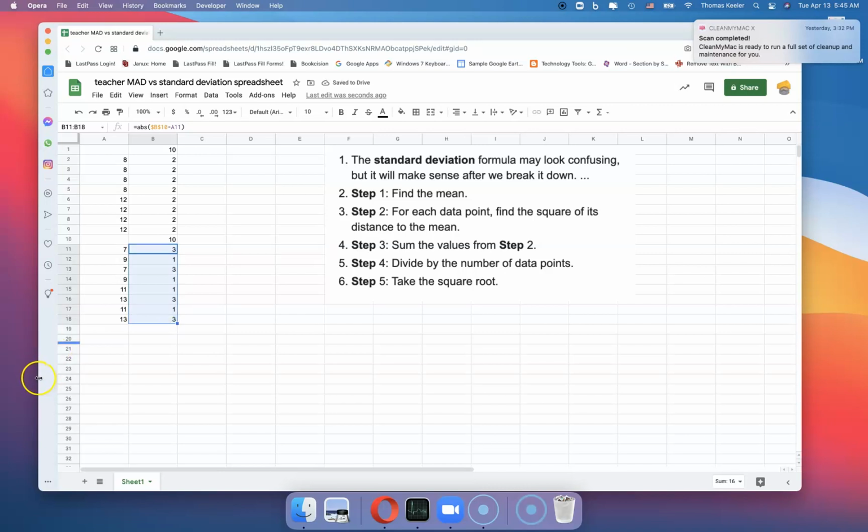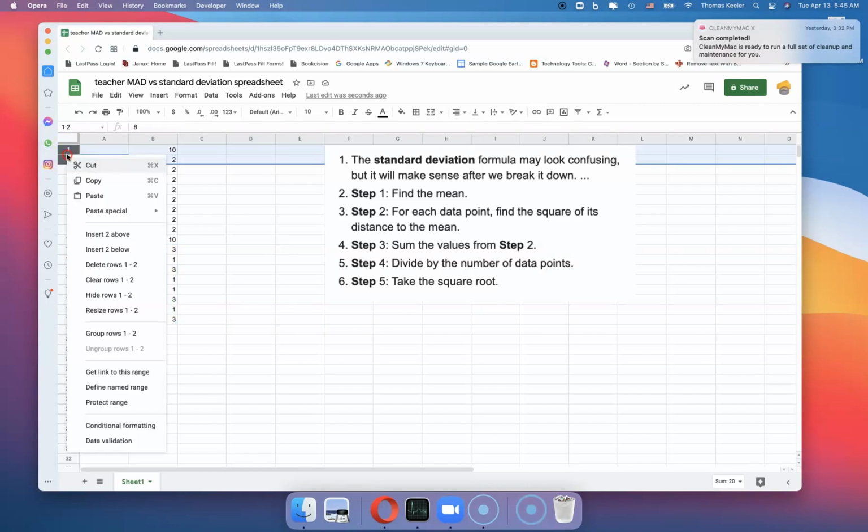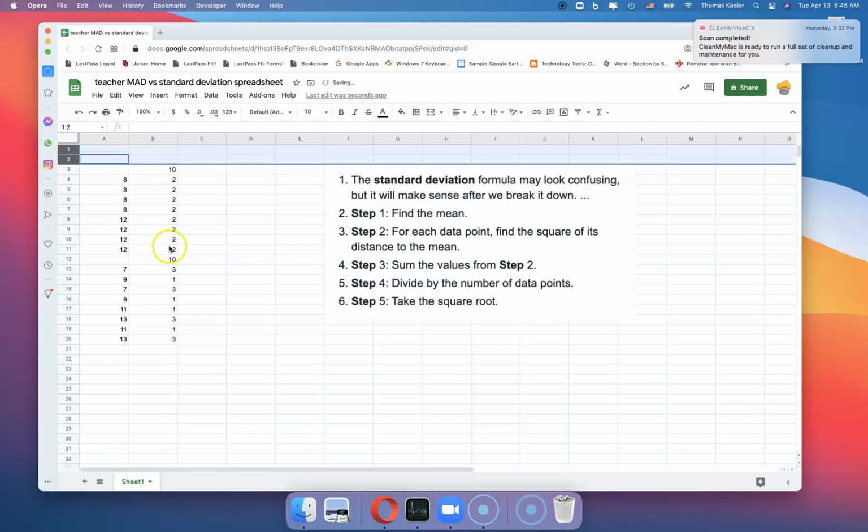Okay. And so remember, what did we get for the mean absolute difference of these? Let's make an extra column at the top. So we make 2 more columns at the top, 2 above. We do set 1, mean absolute deviation, and then set 2, equals.